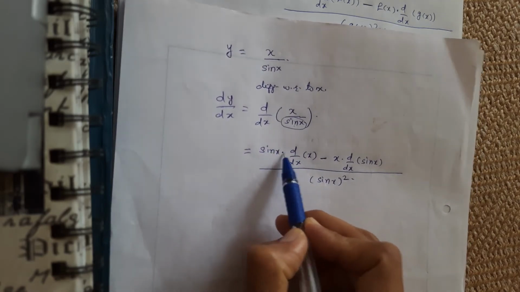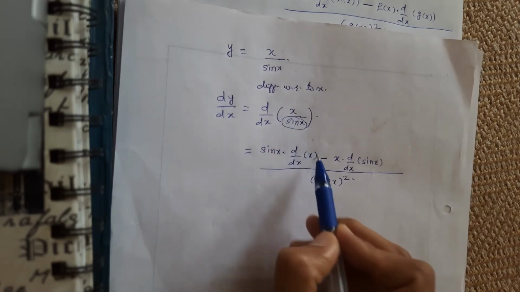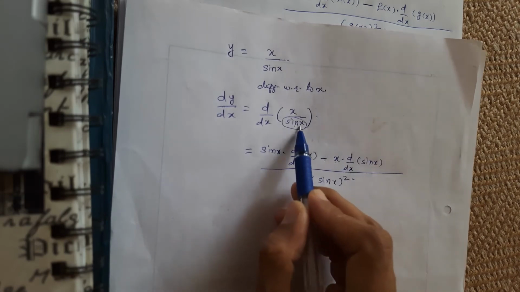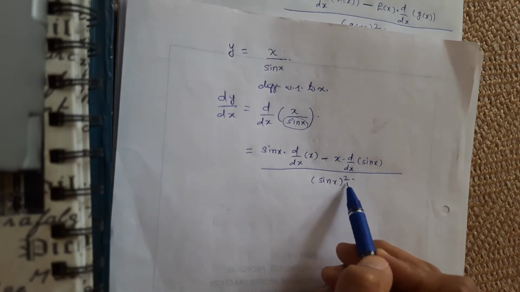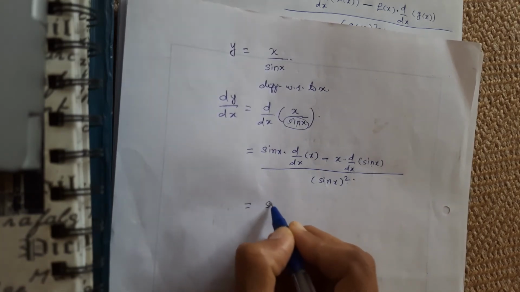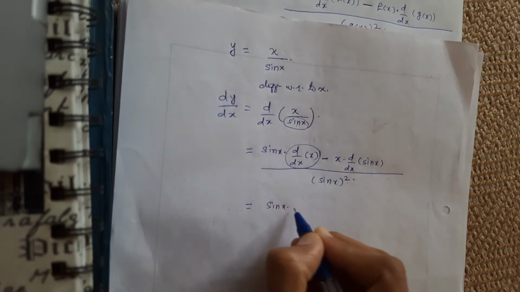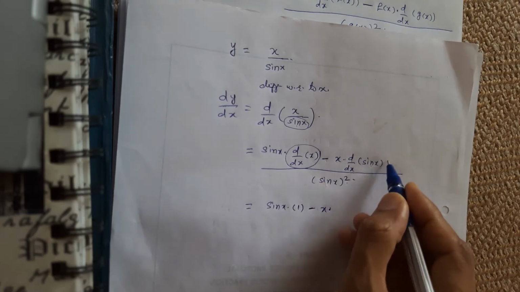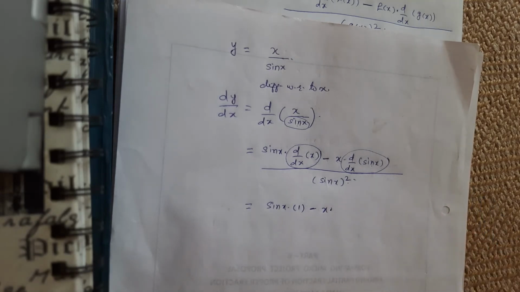Denominator multiply by derivative of numerator minus numerator into derivative of denominator, and whole term is divided by denominator square. This is the formula. Now sin x is as it is. What is derivative of x? d/dx of x is 1 minus x into d/dx of sin x is, just see the standard formula.